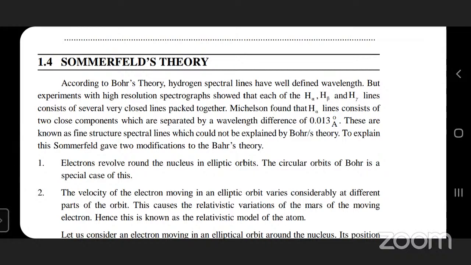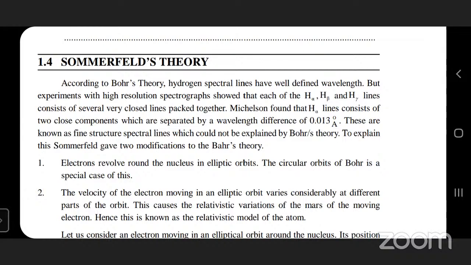What is the wavelength difference? We have observed 0.013 angstroms, the fine structure of the spectral lines, which could not be explained by Bohr's theory.